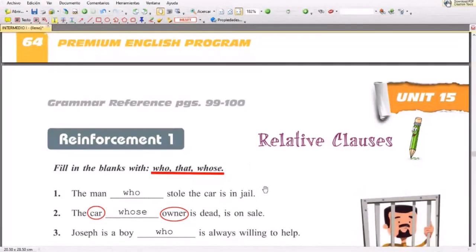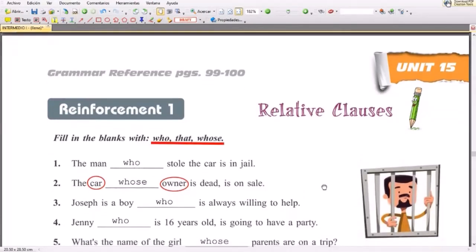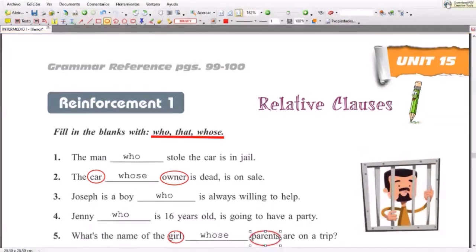Okay, number 4. Jenny, who is 16 years old, is going to have a party. Yes. What is the name of the girl whose parents are on a trip? Yes, very good. In this case, whose, as you can see, is the girl and the relationship with parents. Okay, good.